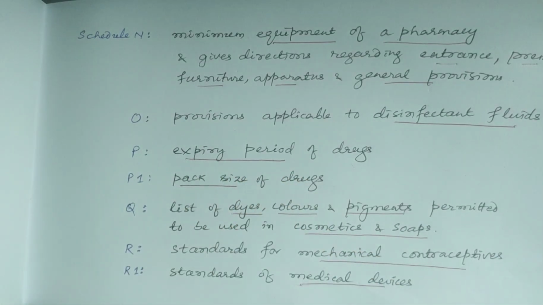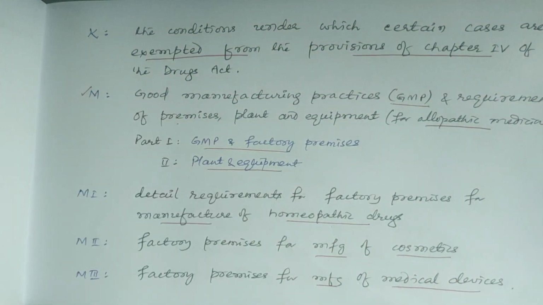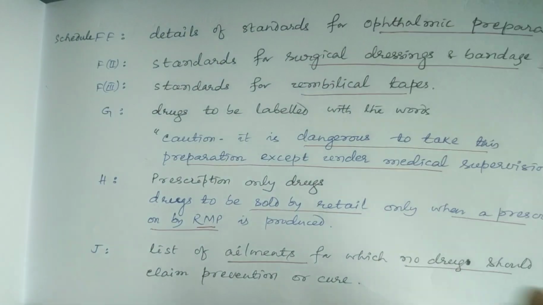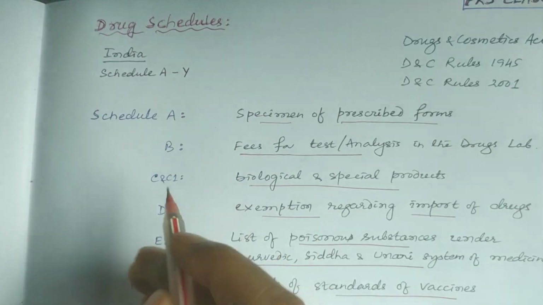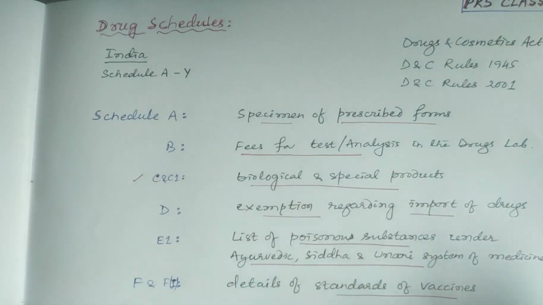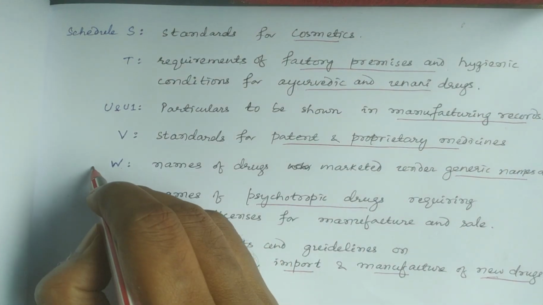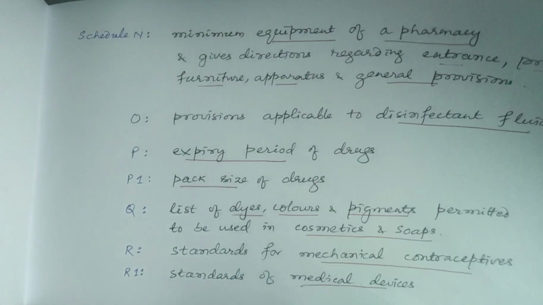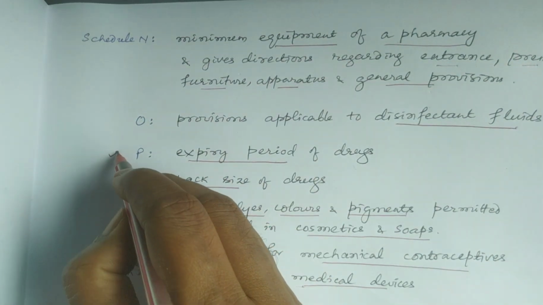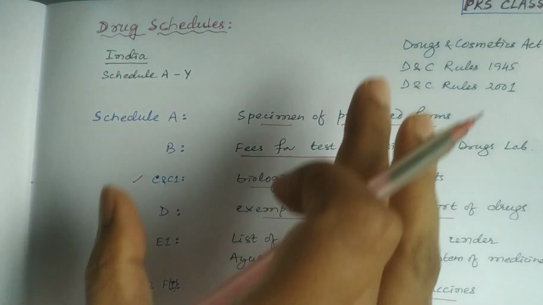Then Schedule M is another important one for common usage, and Schedule G, Schedule H, Schedule C and C1, these are the important schedules for common usage. You can tick mark here. So this is all about the drug schedules in India.